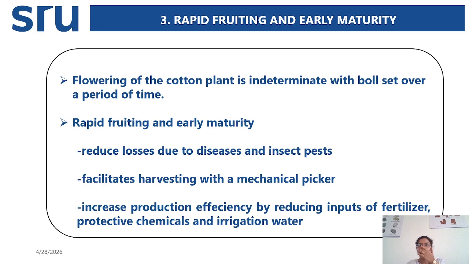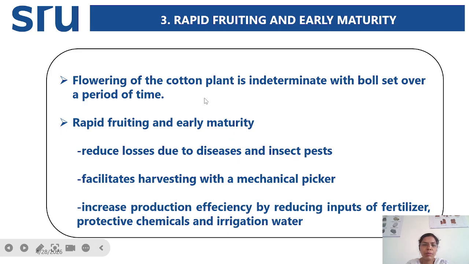And next is rapid fruiting and early maturity. Generally cotton is an indeterminate crop, which means it will keep growing without a fixed duration. The plant will have vegetative growth and will also bear flowers and bolls. To avoid that, we have to select varieties with early maturity. If the maturity is early, we'll have less attack of pests and diseases.